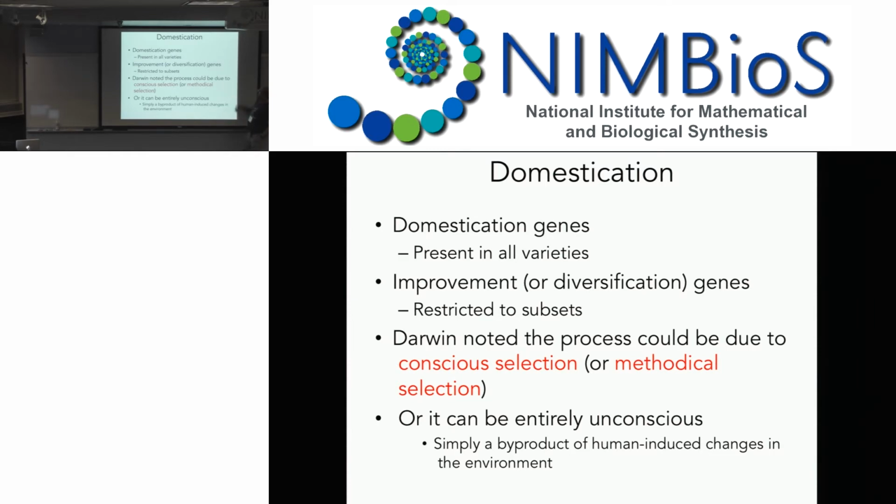Darwin made an important observation that domestication could have been due to conscious selection, like, I want to have larger ears in my corn, or it could be entirely unconscious and a byproduct of human-induced change in the environment. A good example: suppose that as early humans were eating and had giant scrap piles, wolves which were less timid at the scrap piles got more food.